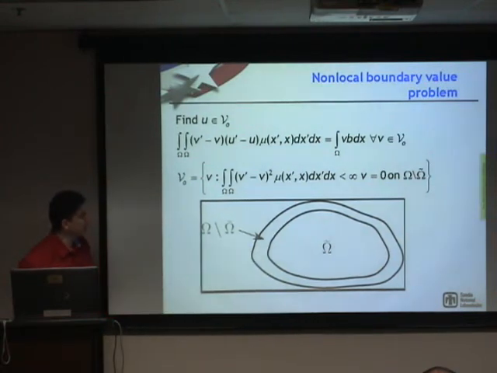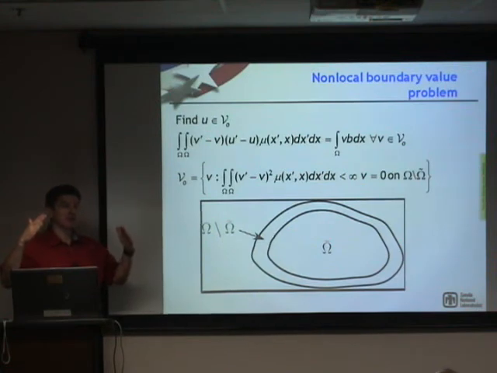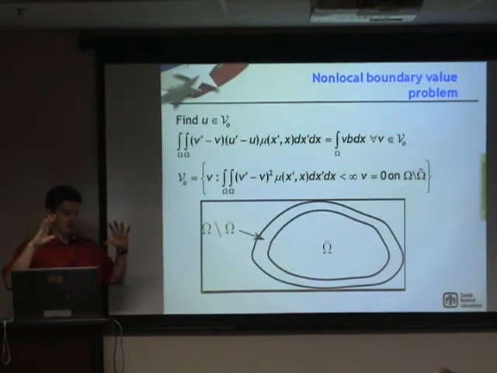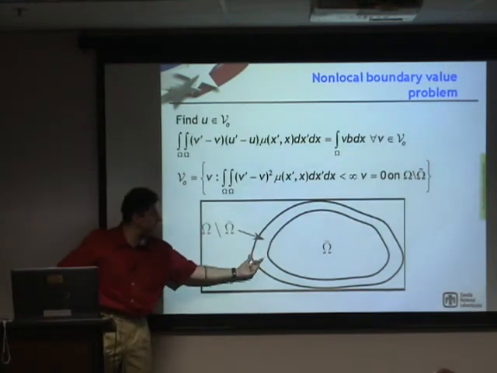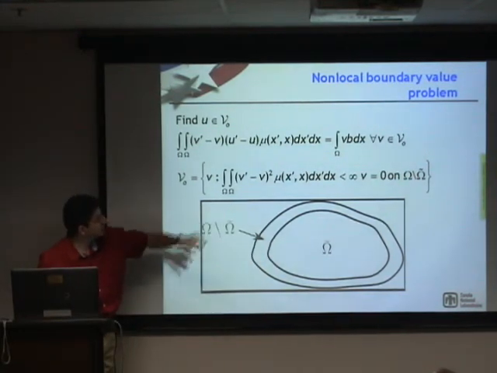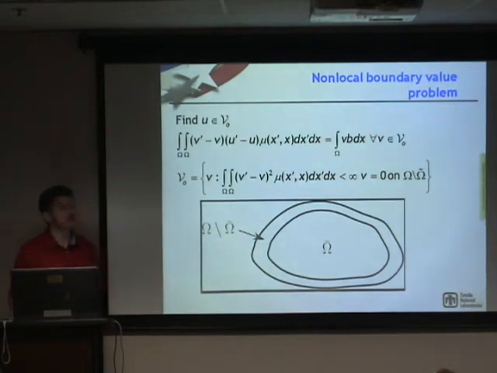So because of non-locality, you can't actually talk about restricting a function to a surface. You have to actually restrict it to a strip. So this very much corresponds to a homogeneous Dirichlet boundary condition, okay?